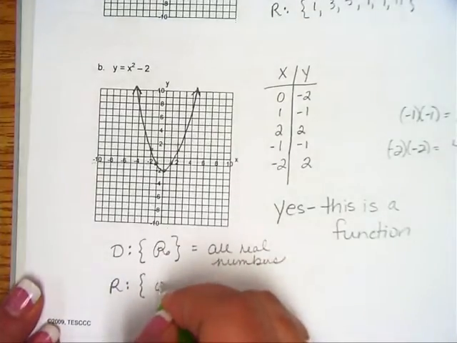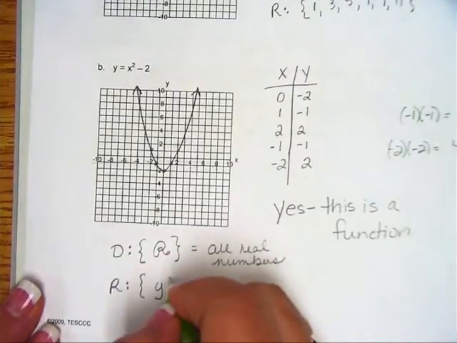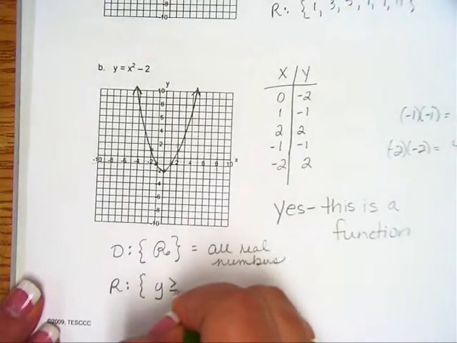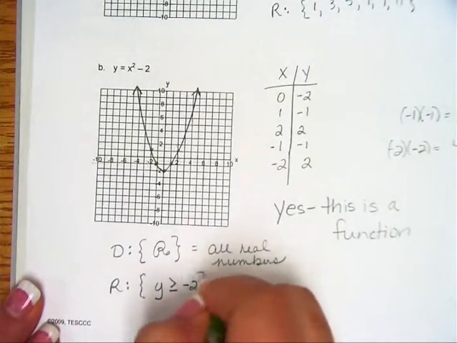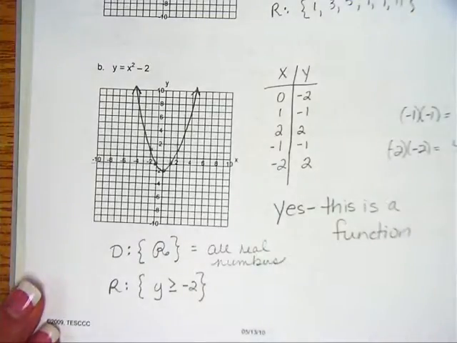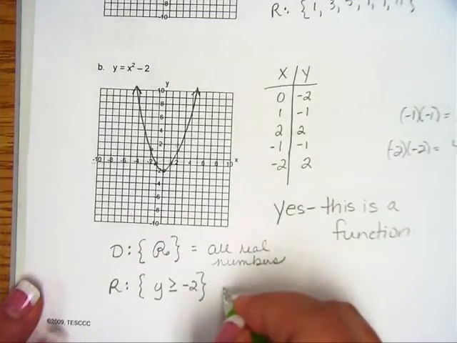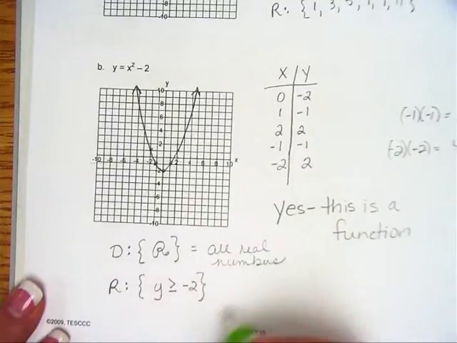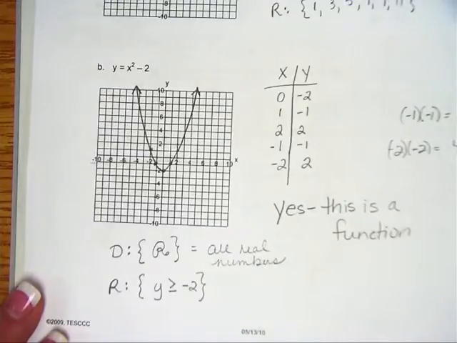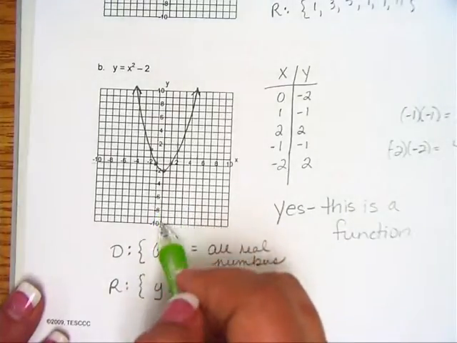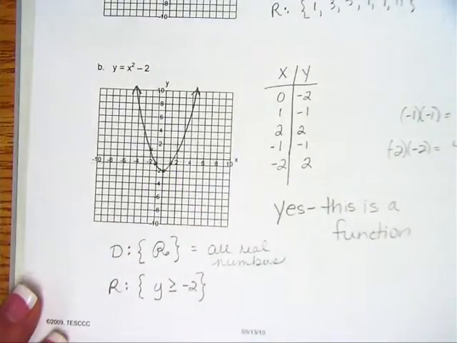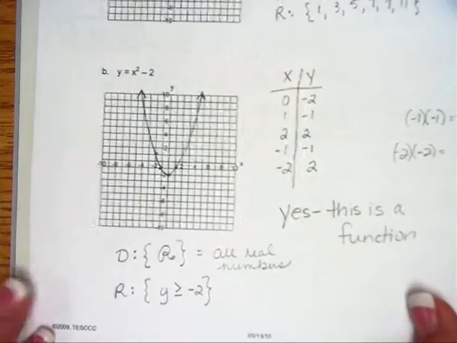So y is greater than or equal to -2. That's the mathy way of saying it. And this is what you'll see, this type of thing. But you said it right in words. All real numbers greater than -2, including -2. Okay, so you can't go down here anymore because it turns around and makes a U-turn. Okay, good job on that.